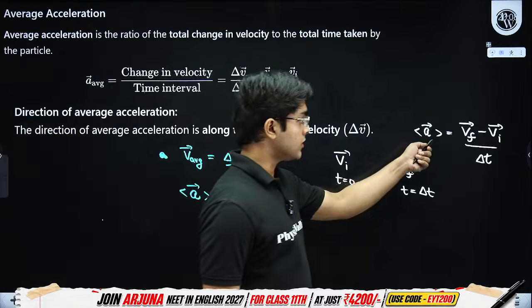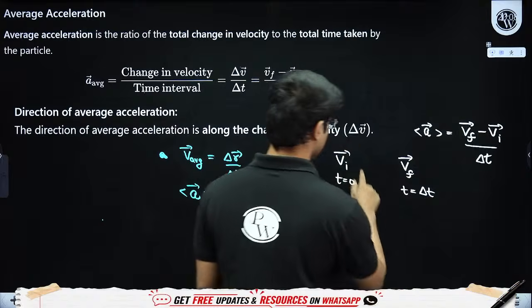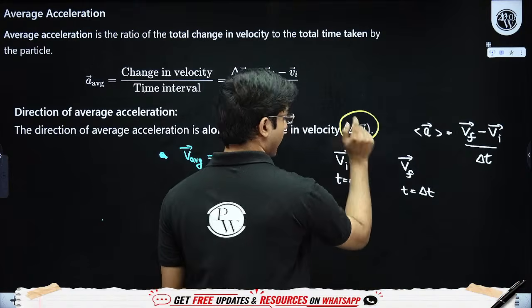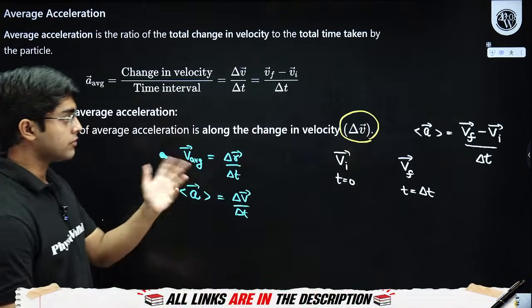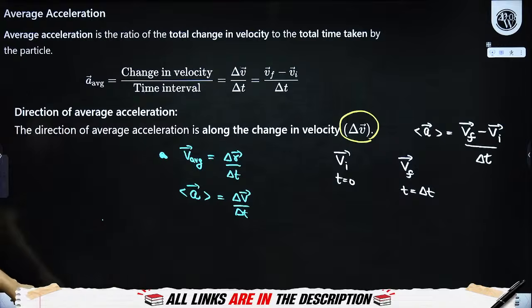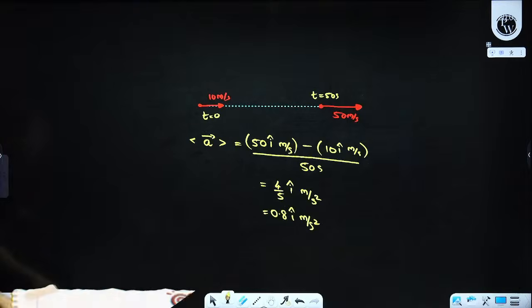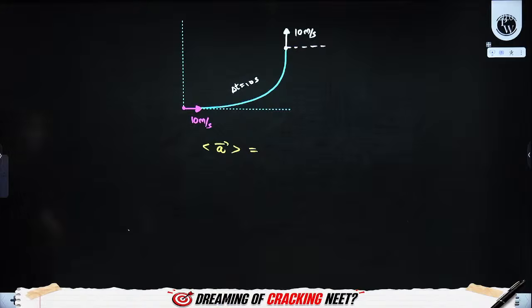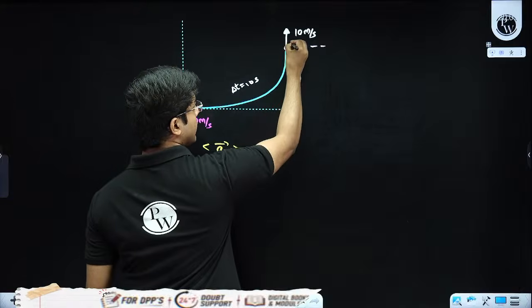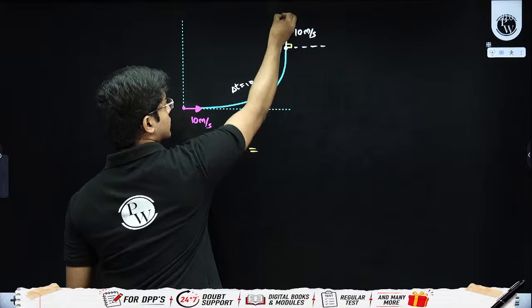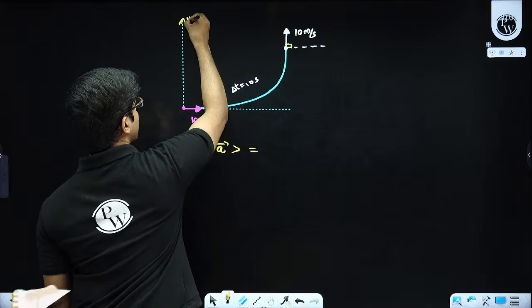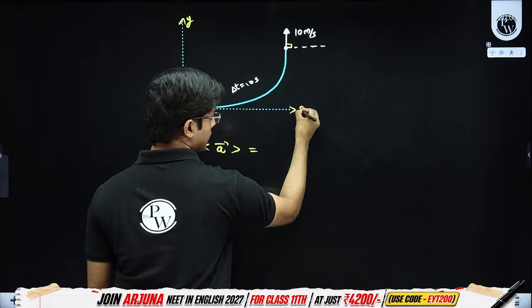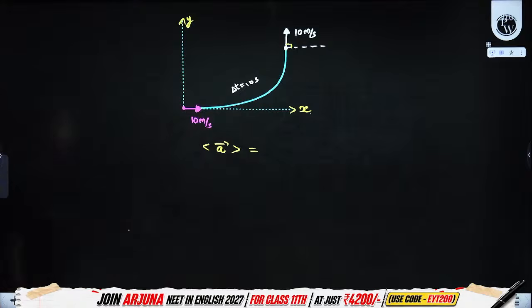Average acceleration is the change in velocity vector, delta v vector. Velocity is a vector, so you have to substitute the vector, otherwise you will get the wrong answer. So finally, after the 10 seconds, the velocity is in the y direction.